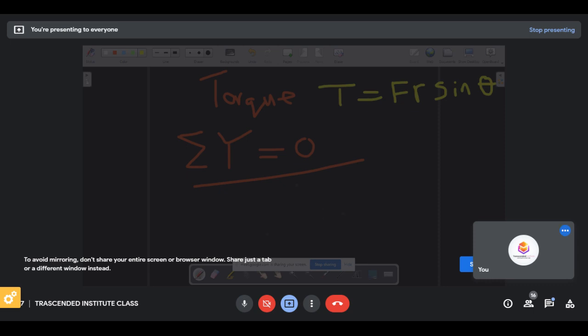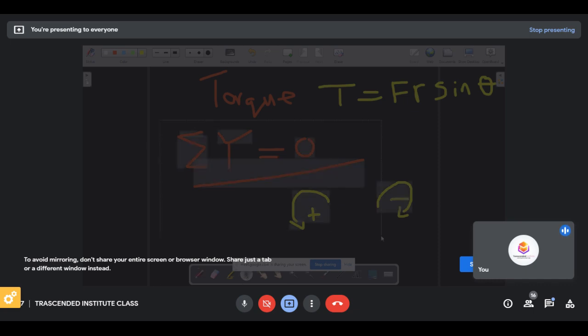So I want you to know that the torque acting in the anticlockwise direction is going to be considered positive, then the one acting in the clockwise direction is going to be considered negative.